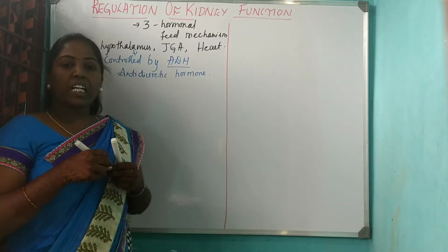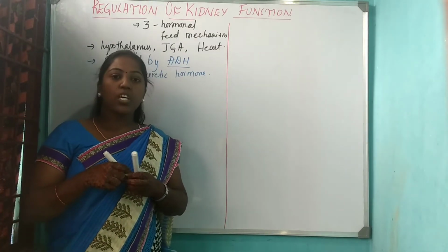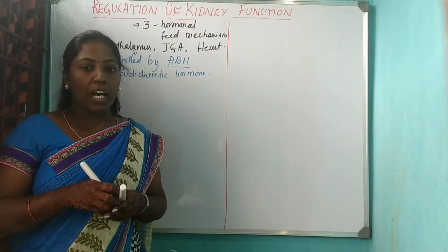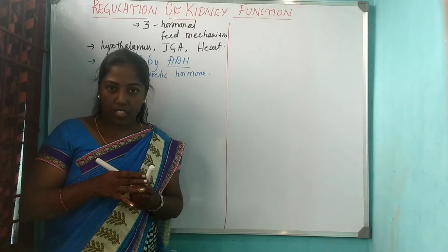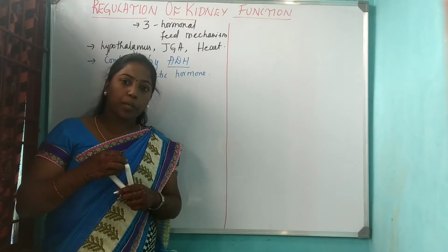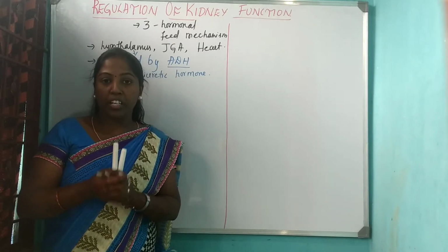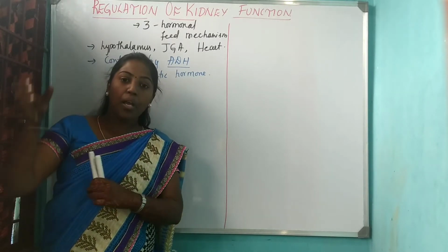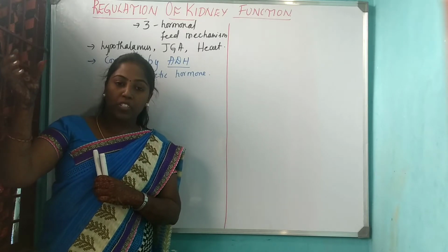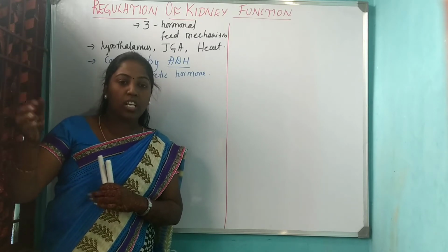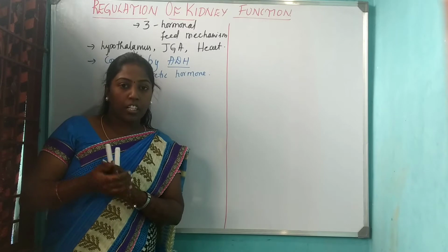In our body there are different types of receptors. There is a particular receptor called osmoreceptors. These osmoreceptors get activated if there are any changes in the blood volume, blood pressure, body fluids, and the different regions.